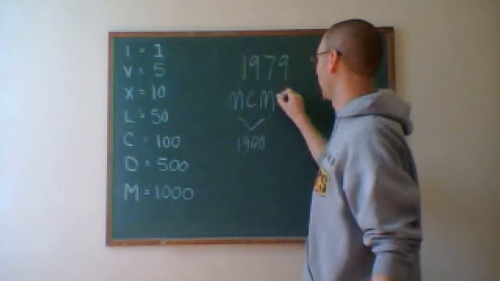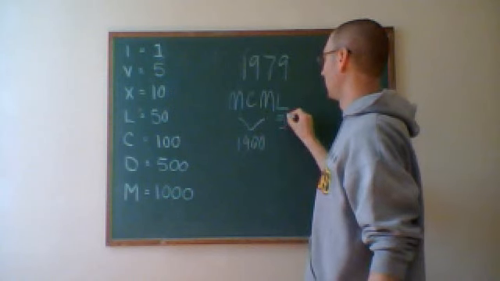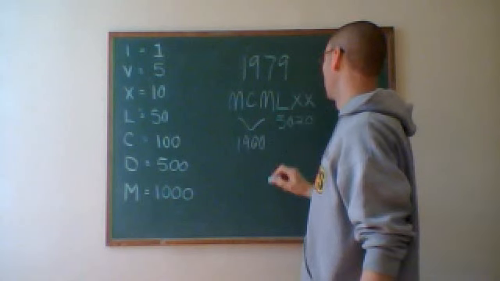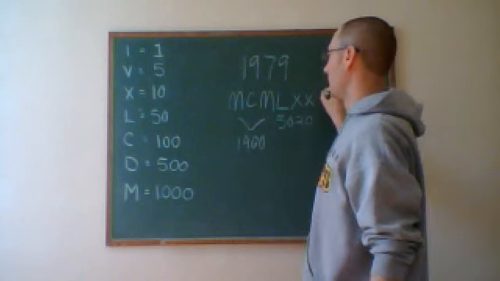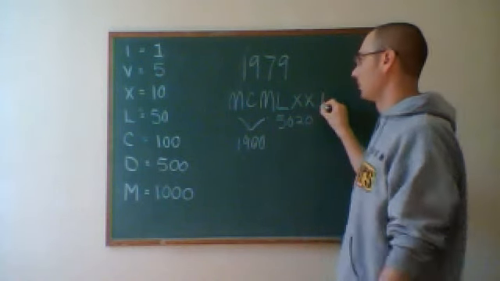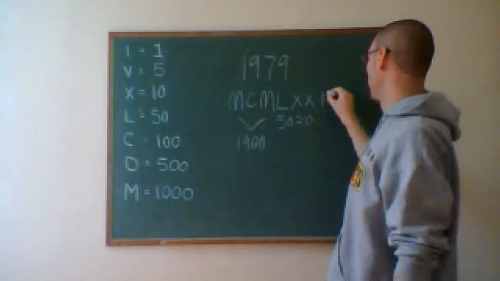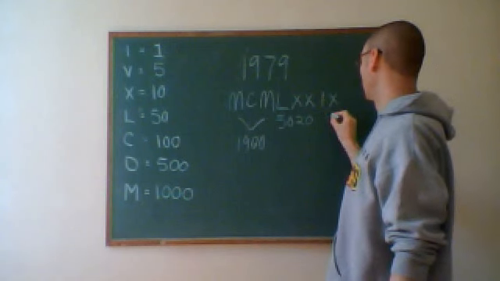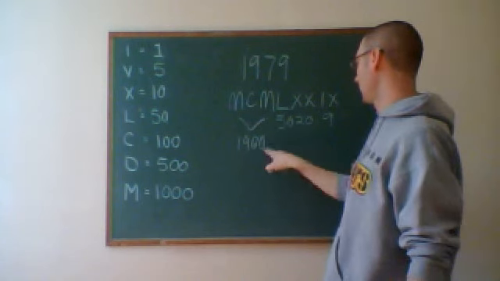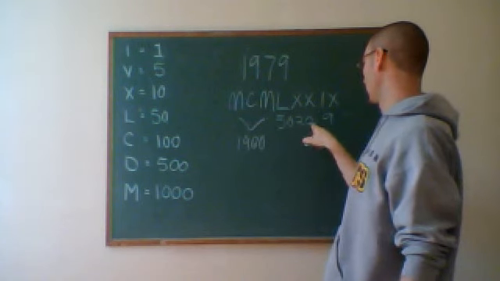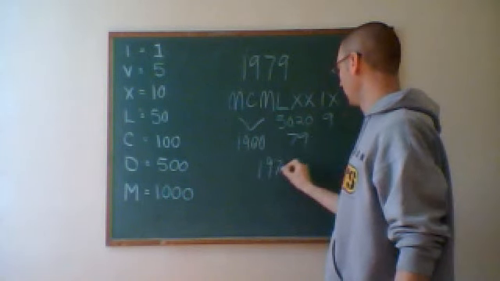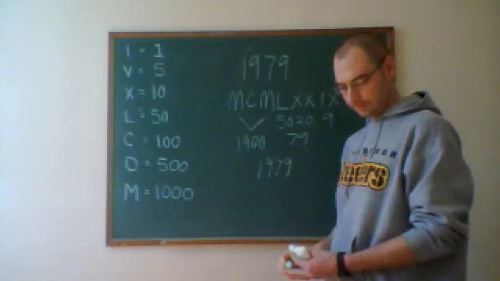So L gives us 50. X gives us 20. And now we can do an I prior to an X equal to 9. So now we have 1900, 50 plus 20 plus 9 is 79, giving us 1979. All right.